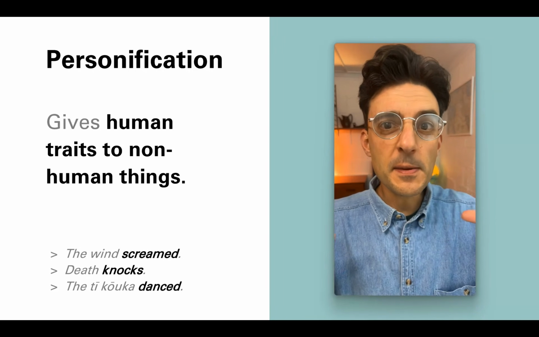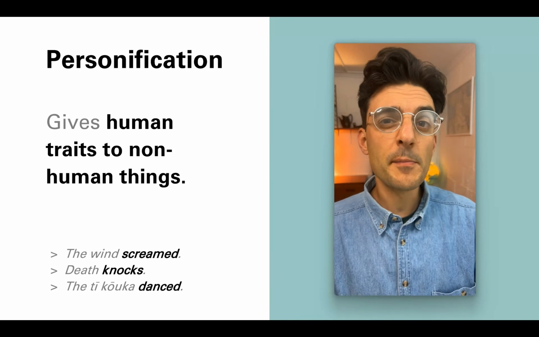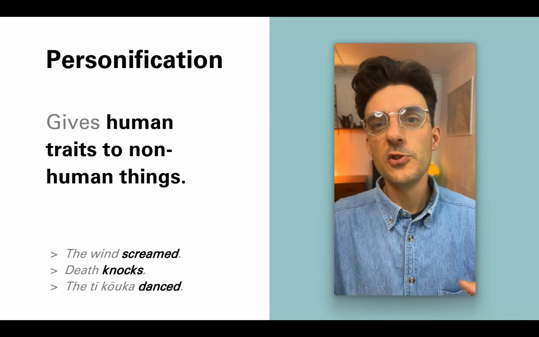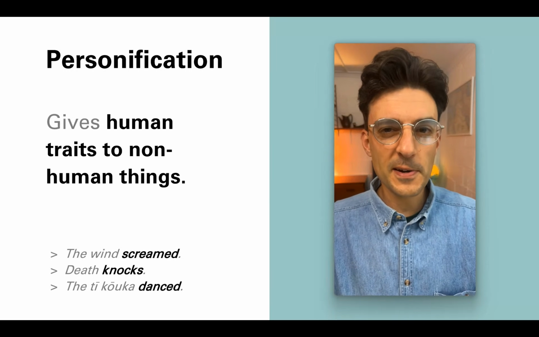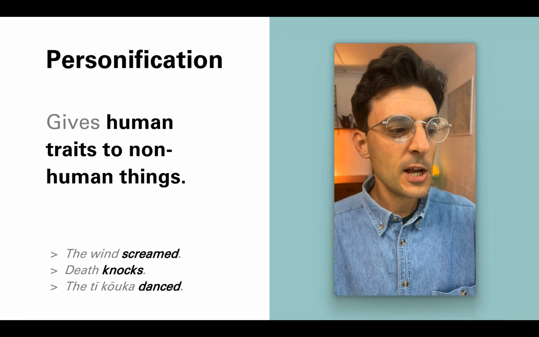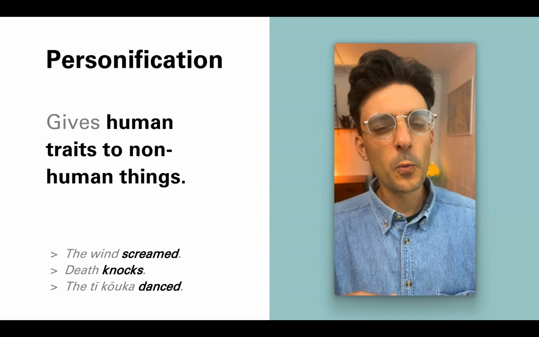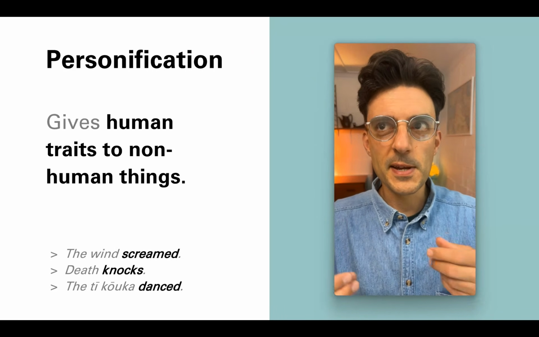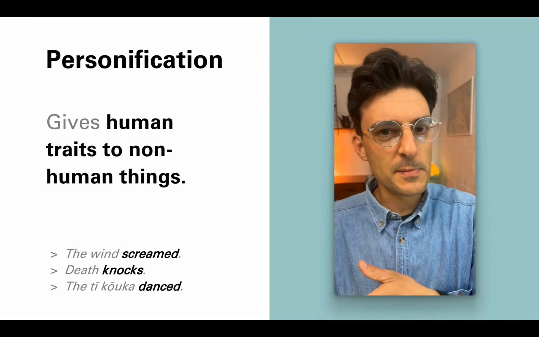Personification. Okay, this is in the metaphor family. This is essentially when you are comparing something that is not human to a human by giving it human qualities. Let's just get straight into examples to explain this. The wind screamed. Okay, human beings scream. The wind doesn't technically scream because that's a thing that human beings do, but it makes a noise like a scream sometimes.